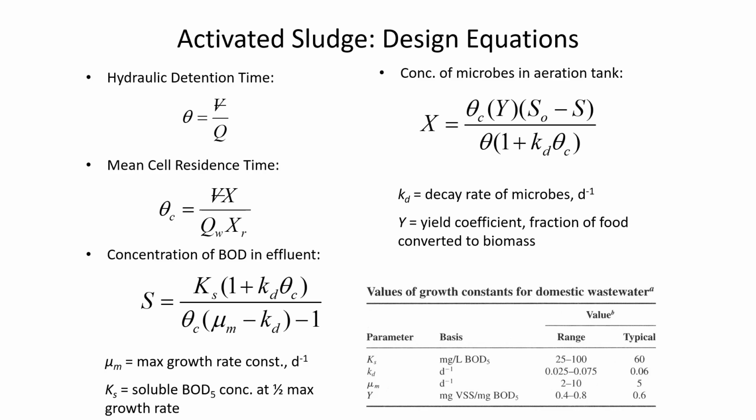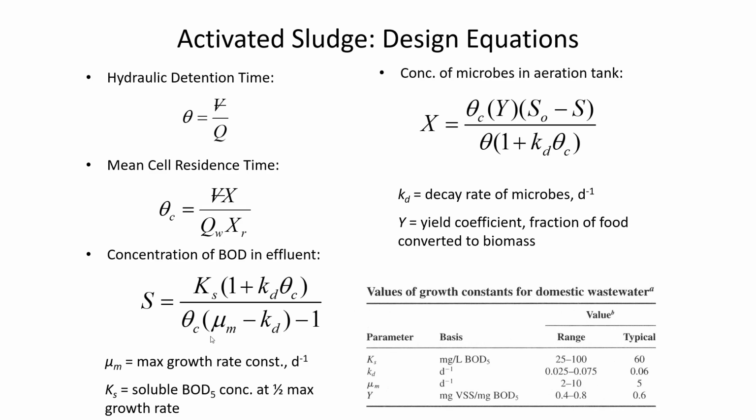And then yield, the typical yield, would be 0.6, and that's unitless because it's the ratio of volatile suspended solids, which is their body weight, to BOD, which is their food. So yield is just how much body weight they add based on how much food they're eating. Anybody have any questions so far about these growth constants?